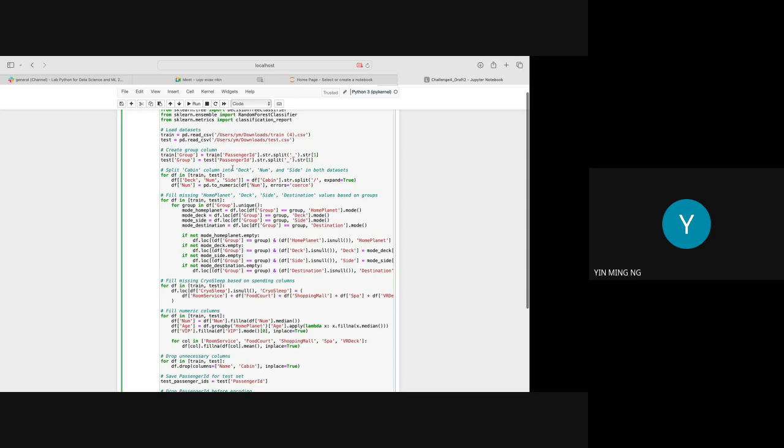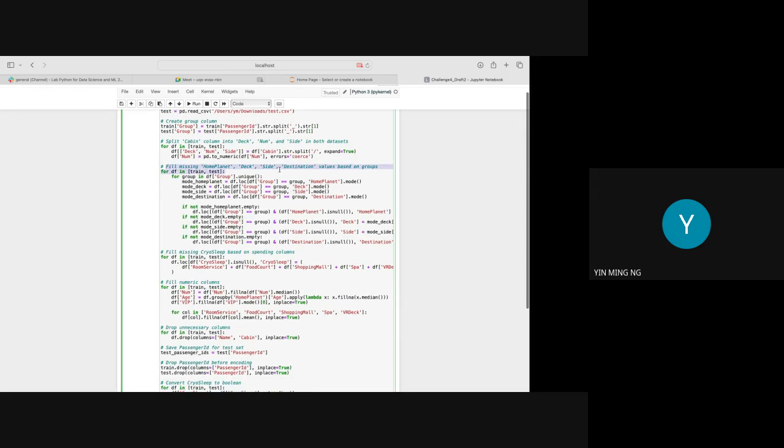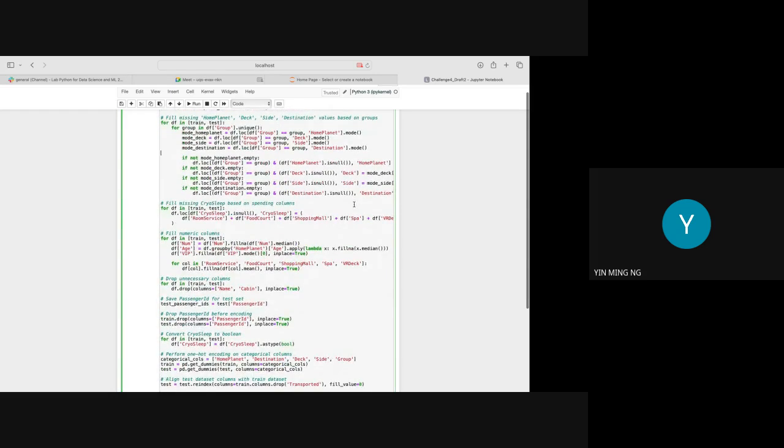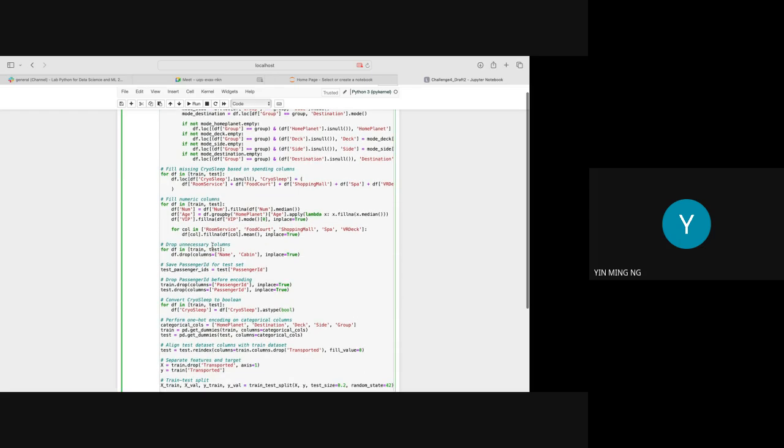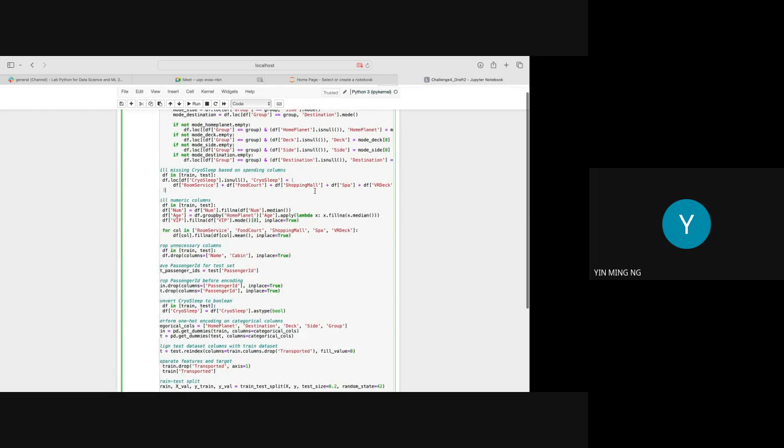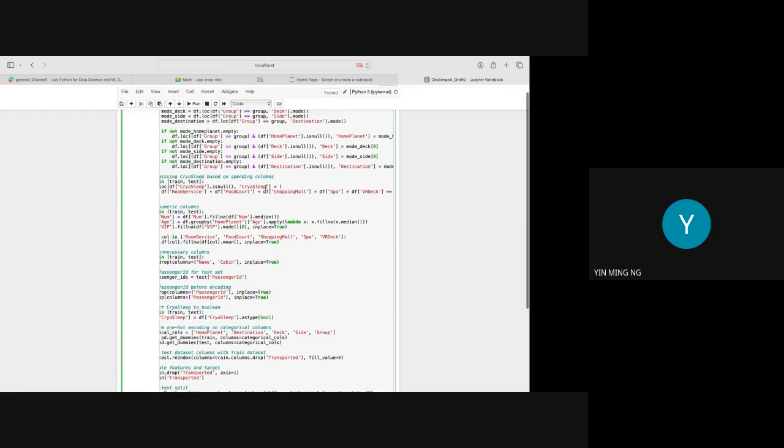That's what we did. We tried to fill in the home planet and so on based on the groups. And also for CryoSleep, since passengers are put into suspended animation, we think there shouldn't be any money spent on the amenities. So if they add up to zero, they should be true.